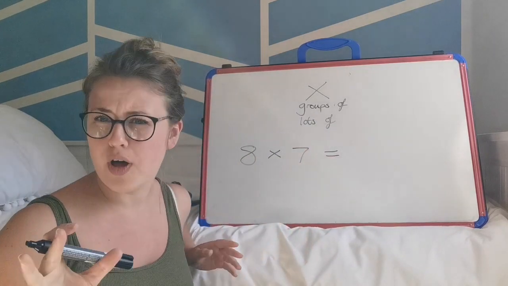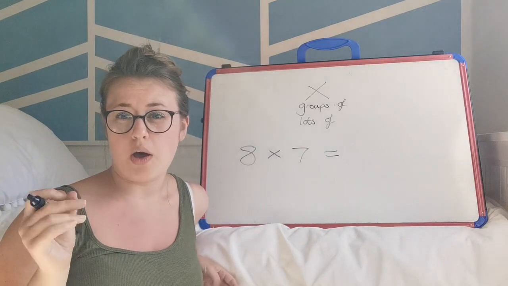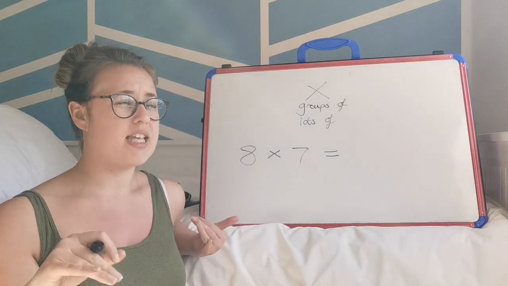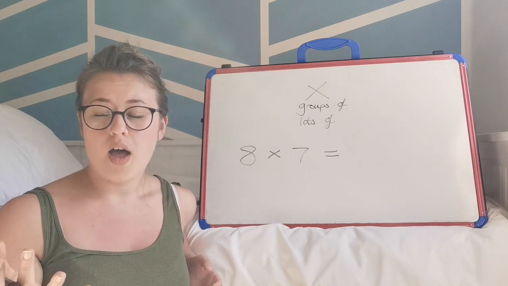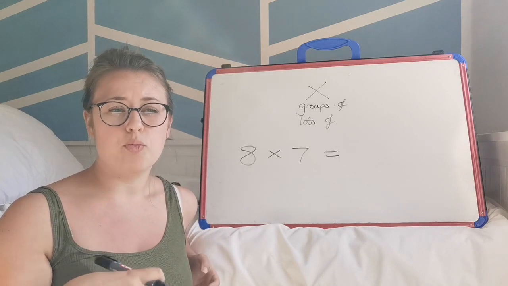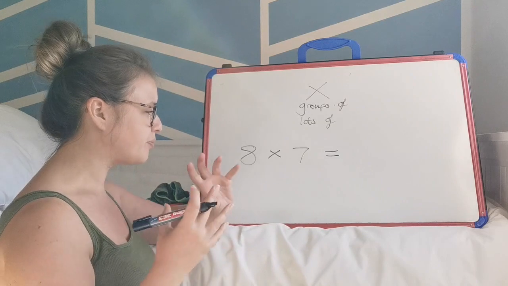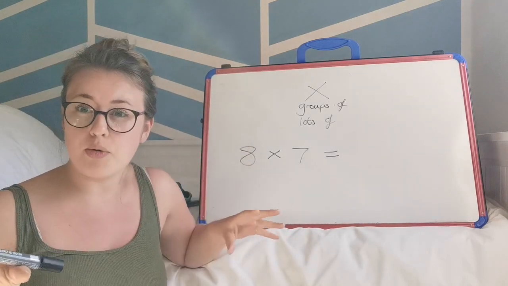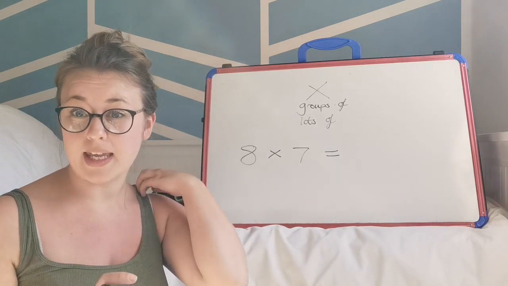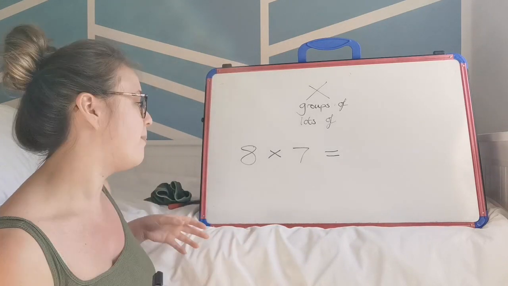This is way above year 1, year 2. I would say this is mid to end year 3, beginning year 4, and they would usually be going on to much harder multiplication strategies, but this is just simple multiplication for the very beginning to understand how to simplify it.